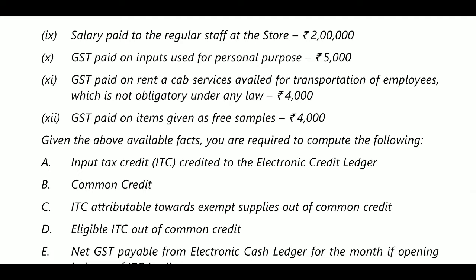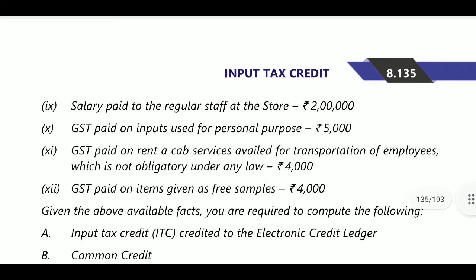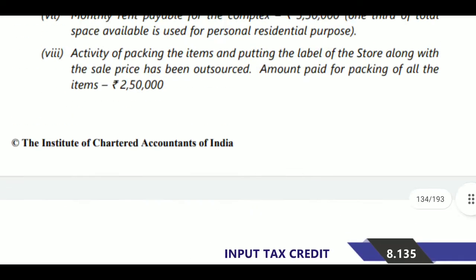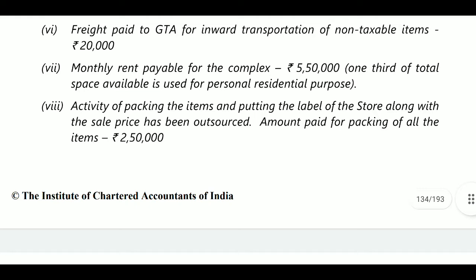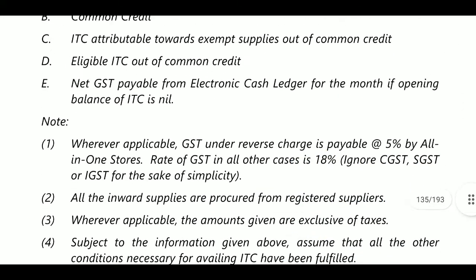It is also available for total tax. So the amounts are 4,000, 8,000 plus 5,000, 9,000. 2 lakhs is not liable, and 2,50,000 into 18% is 45,000, and 5,50,000 into 18%. These amounts are all included.